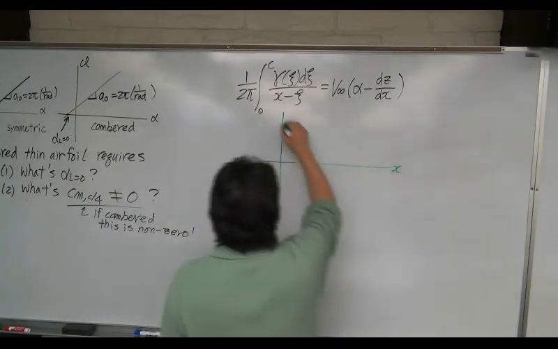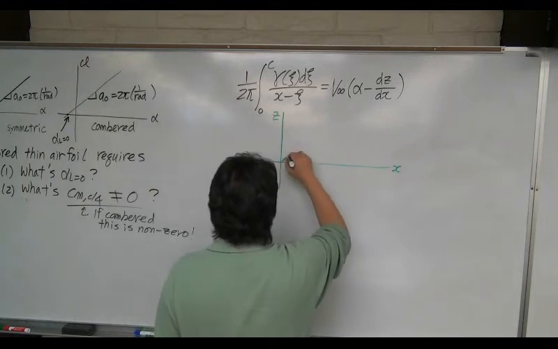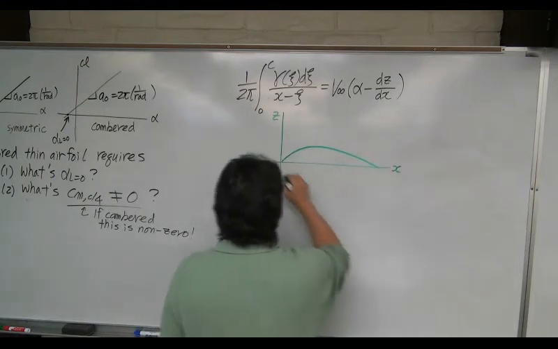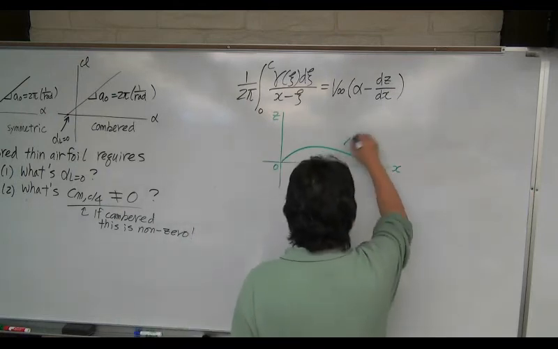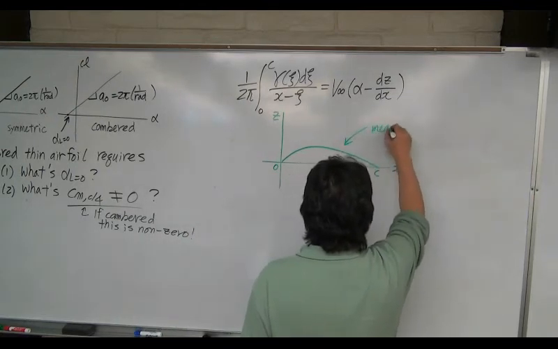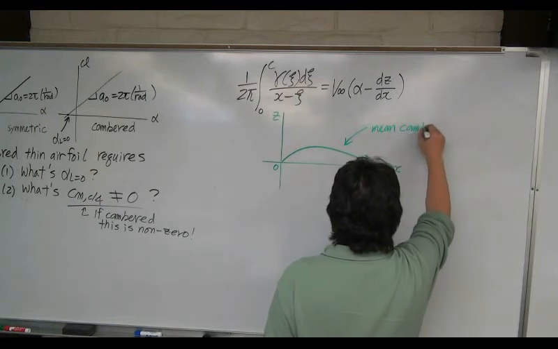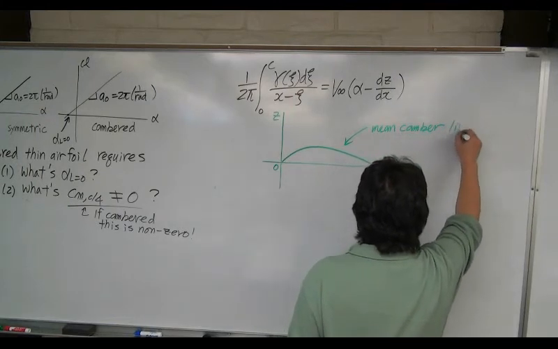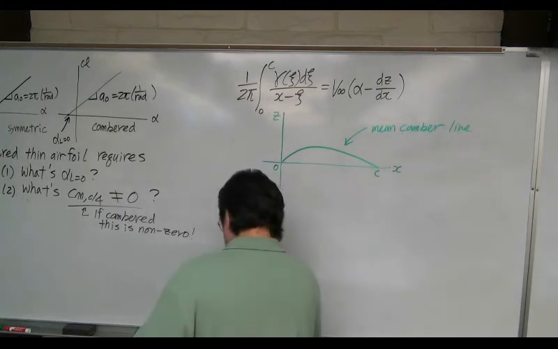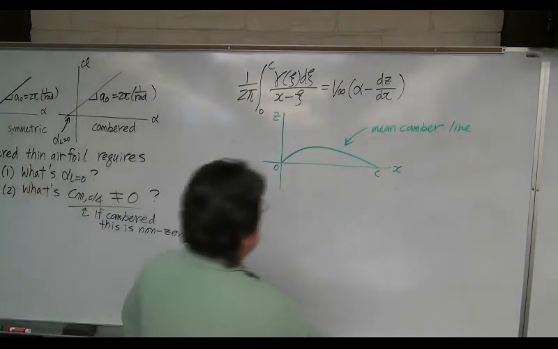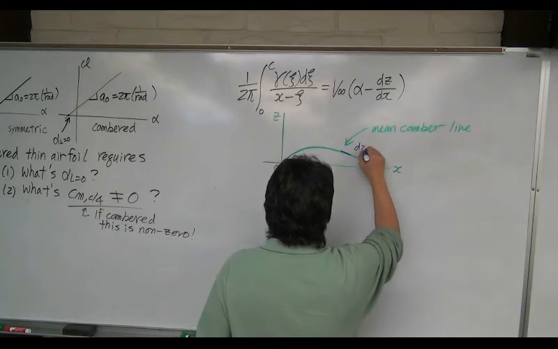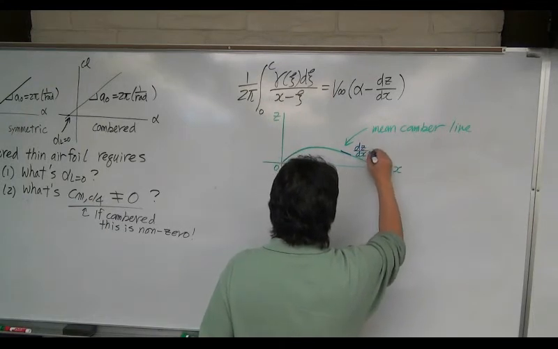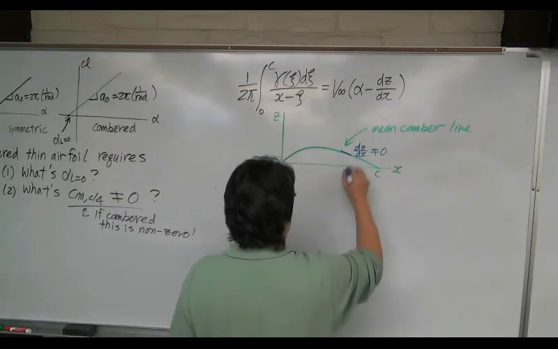This is x, this is z. This is 0, this is x equal to c. This is the mean camber line. So now the mean camber line comes up with dz/dx, which is not 0.